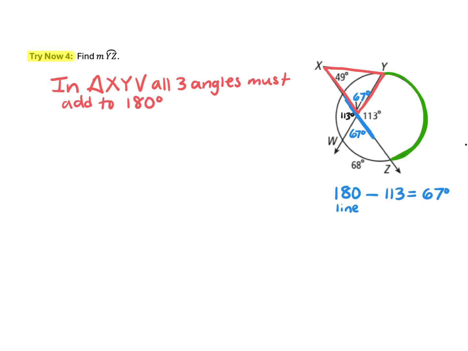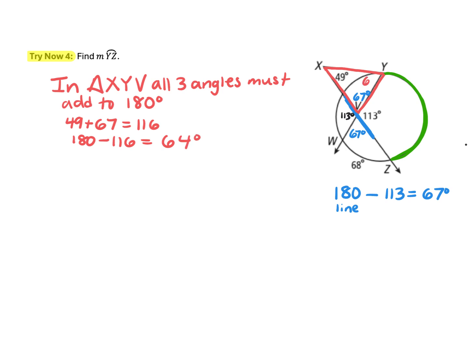All triangles have an angle sum of 180. So let's add up the two angles that we have, 49 plus 67, and that's 116. And then I'll subtract that from 180. 180 minus 116 is 64 degrees.